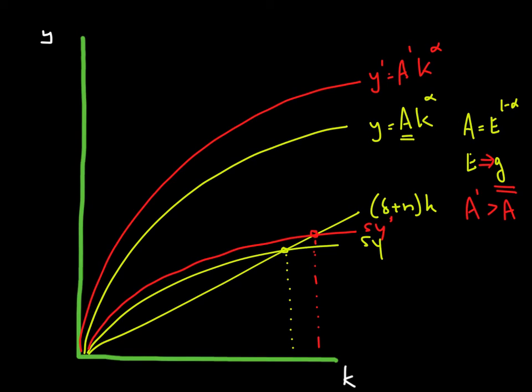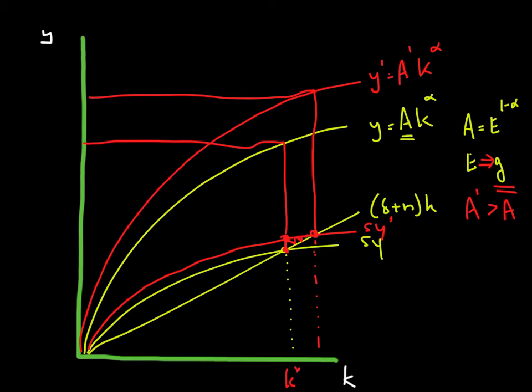Basically what happens is that at the original steady state, after improved technology, we will actually be saving more than we are depreciating out of the capital stock, and therefore we will start moving towards a new steady state. And as that steady state increases, we get an output level that is higher than it was before. Sorry for the crooked lines there. So we have now a higher per capita income.